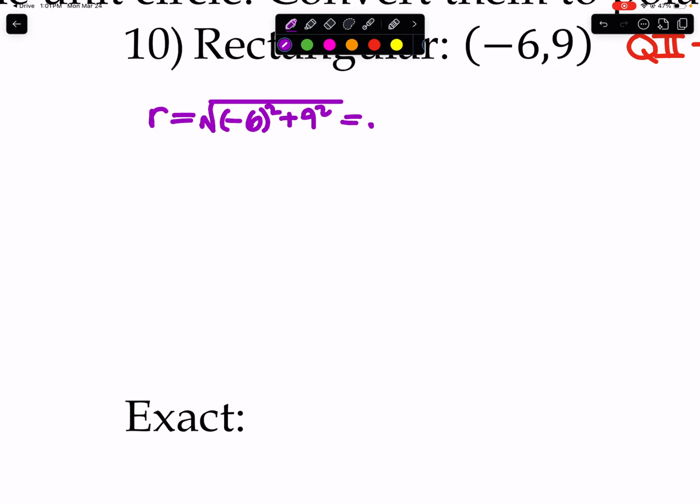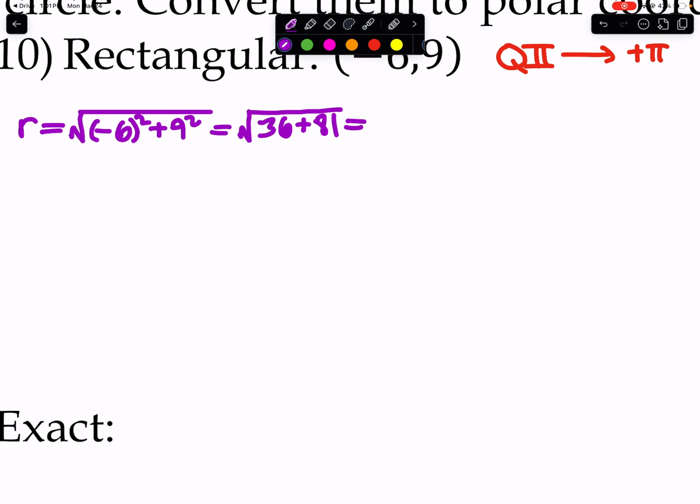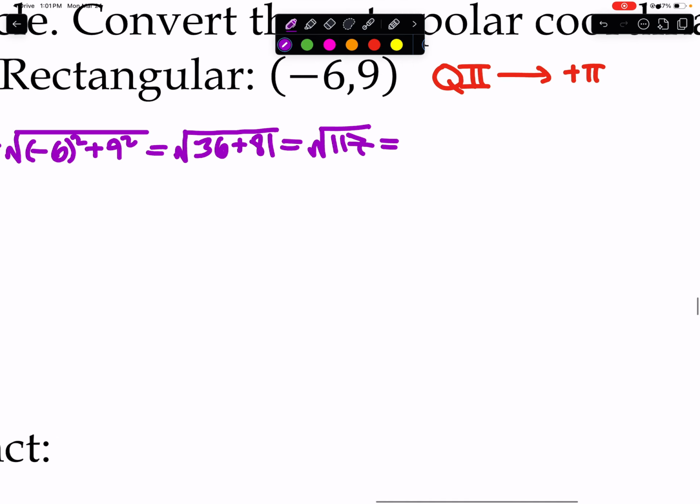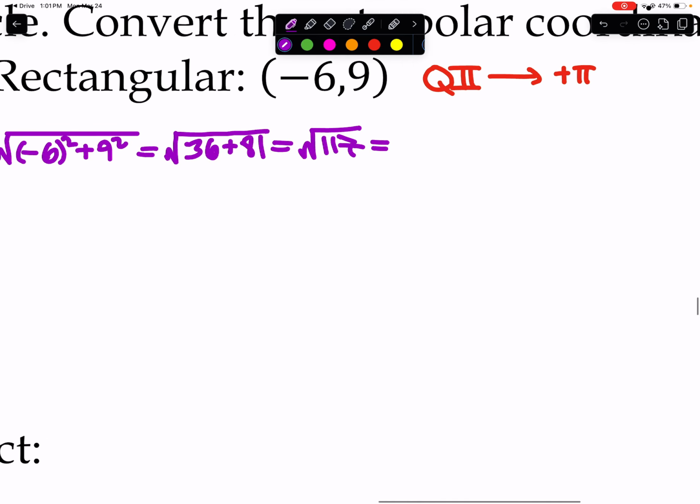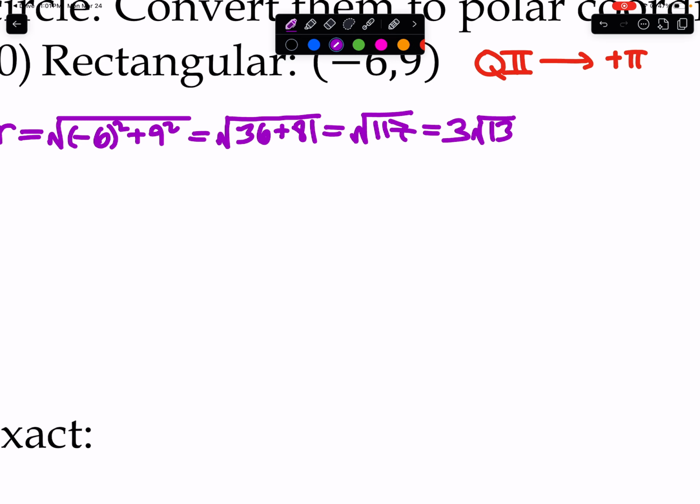That's gonna give me the square root of 36 plus 81, which is the square root of 117, which I always want to think is prime, but it's actually not prime. It can be rewritten as 3 root 13. Hopefully I'm doing that in my head correctly.